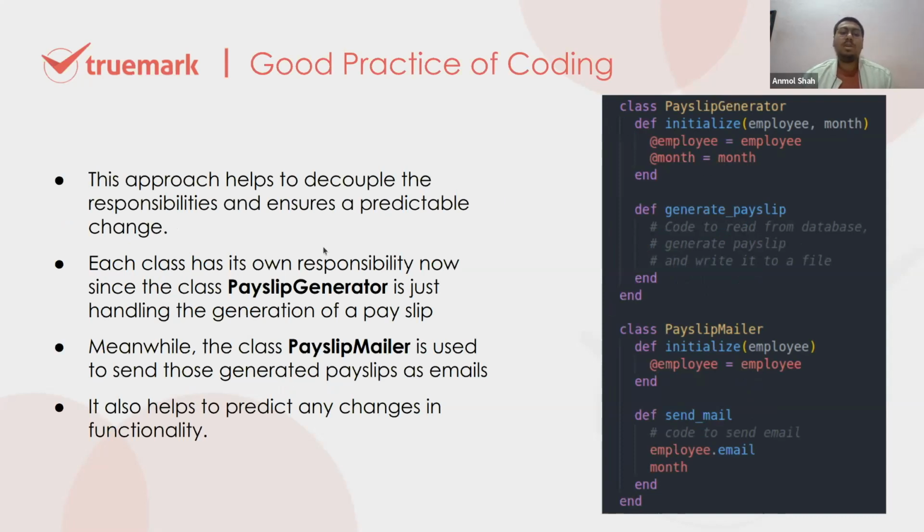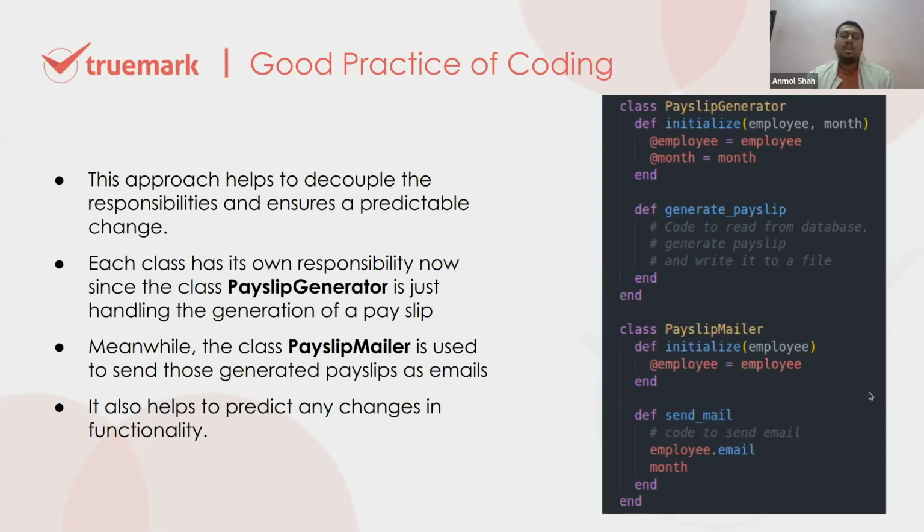Now this approach helps to decouple the responsibilities and ensures a predictable change, because for whatever reason, if I had to change anything in this class, it has to be to change the implementation on how we generate our payslip, and we will not be touching this class besides that responsibility.